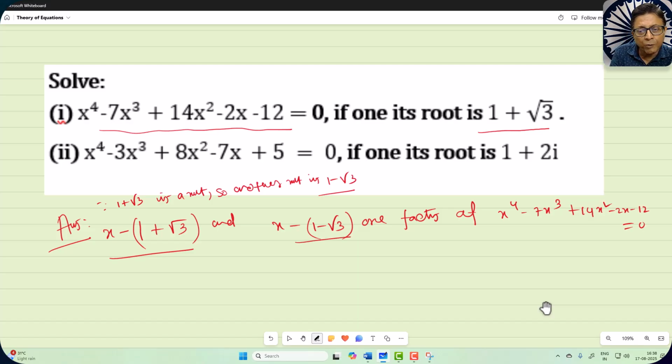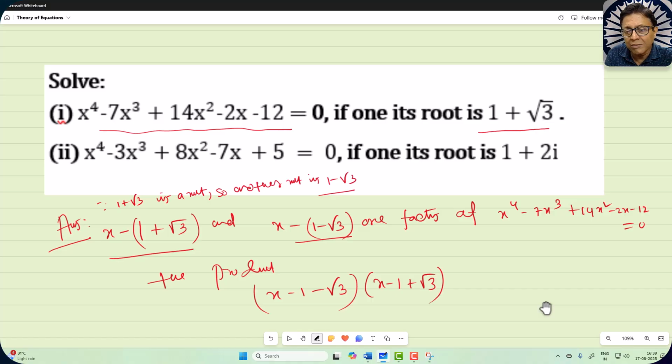So now find their product. The product x minus 1 minus root 3, x minus 1 plus root 3, that is x minus 1 whole square minus 3, which is x square minus 2x minus 2, must divide the polynomial x4 minus 7x cube.